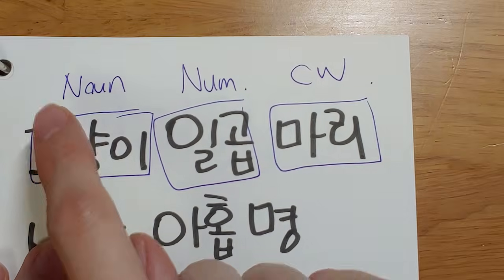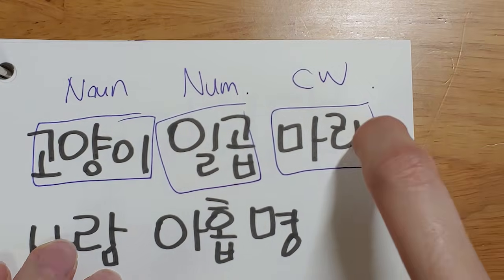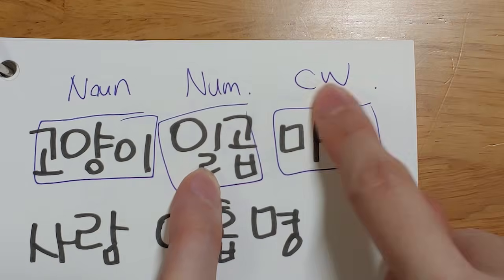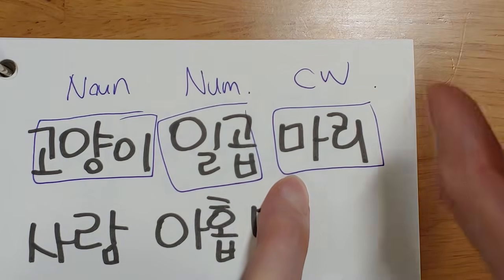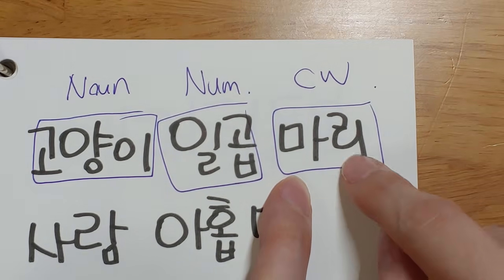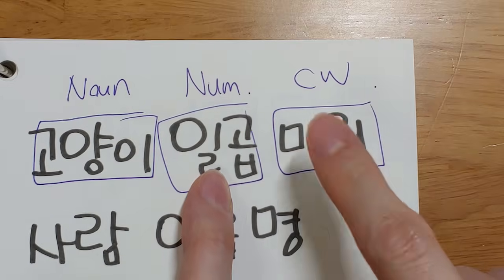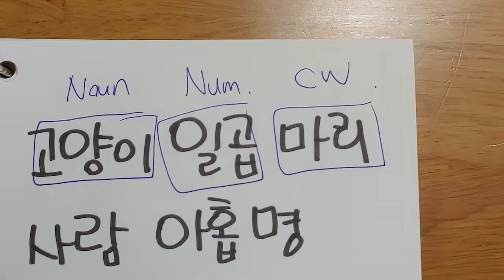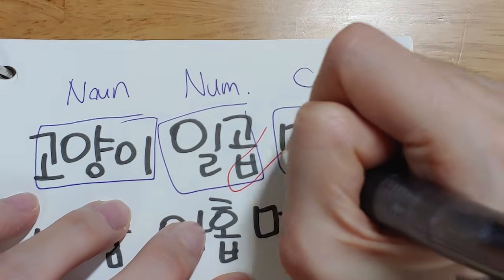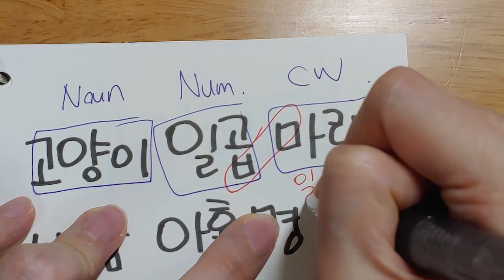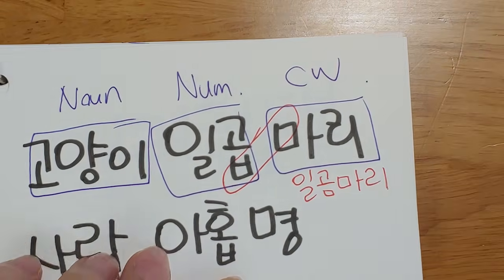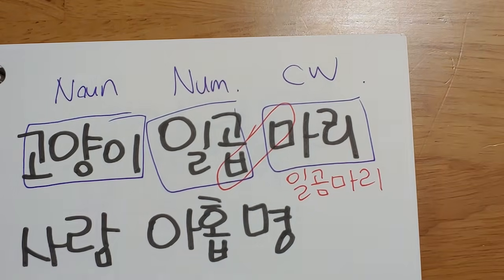It goes in the order of noun, number, and counter word. It means cat, 7, and 마리 is a counter word for animals. When you're counting animals, you use 마리. So 고양이 7마리 means 7 cats. And you can notice that this is pronounced like 7마리.